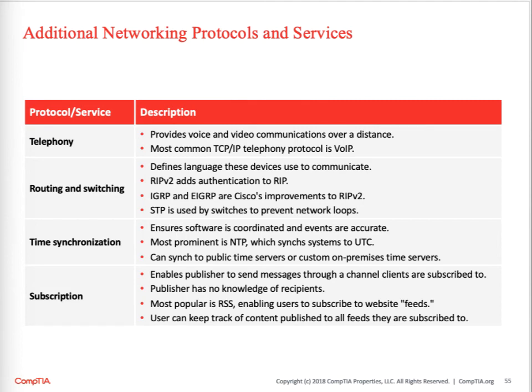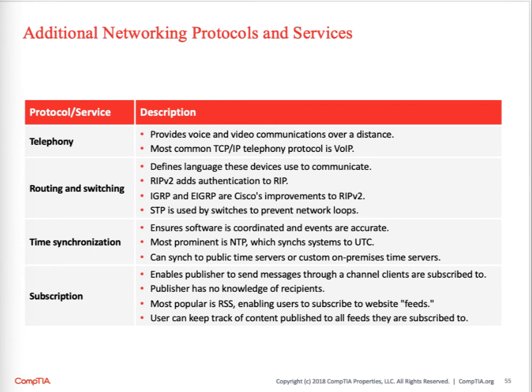Then we have routing and switching. Routing and switching protocols are going to define the language that these devices use to communicate. So common routing protocols are going to be RIP, which is Routing Information Protocol, and we also have RIP v2, and then RIP v2 is going to support security by enabling password authentication and it also uses a key to authenticate routing information to a router.